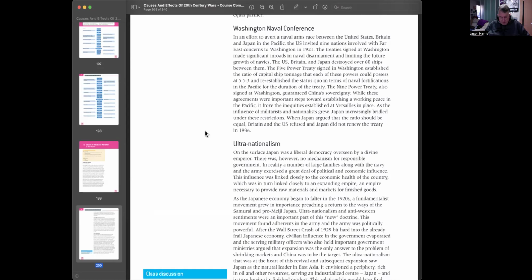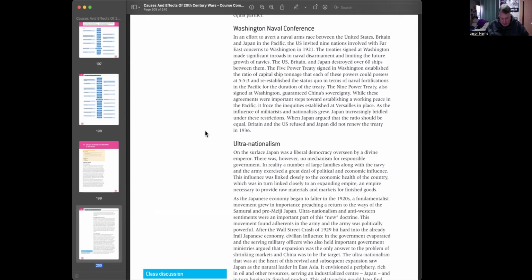As the influence of militarists and nationalists grew, so did the people that want a big military in Japan to defend themselves and to expand, and nationalists who feel that the emperor is a divine being and that the Japanese are the destined people of Asia.